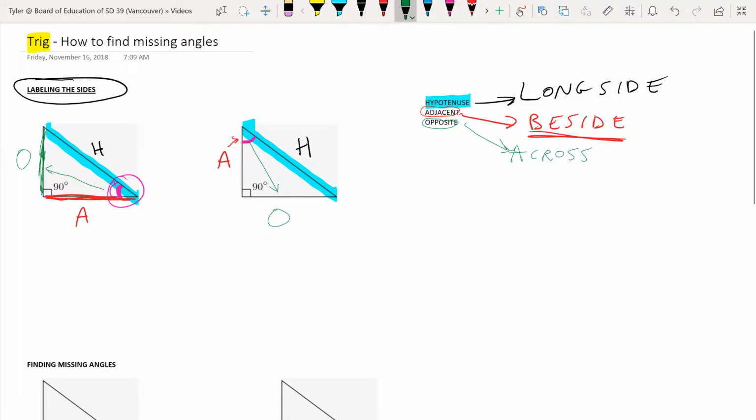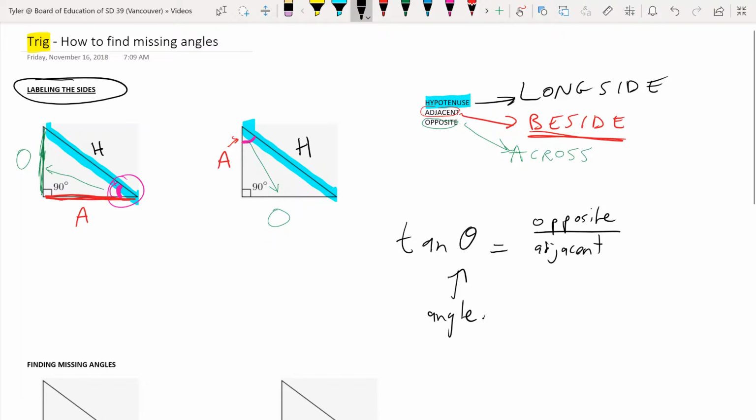So we needed to label those because we're going to be working with a formula here. The formula we're going to do, okay, we're going to be doing tan theta, this is just an angle, is equal to opposite over adjacent.